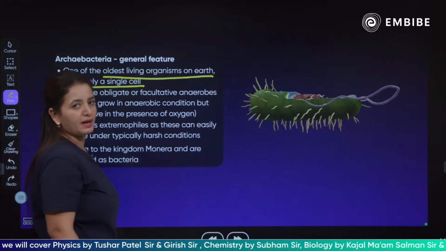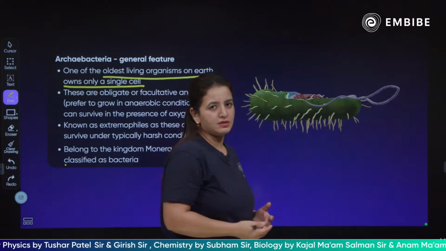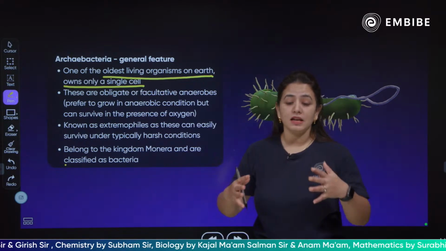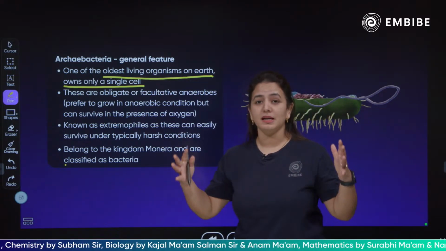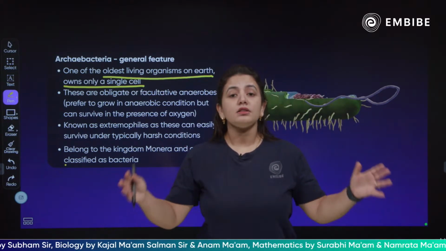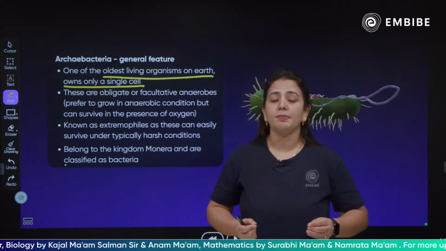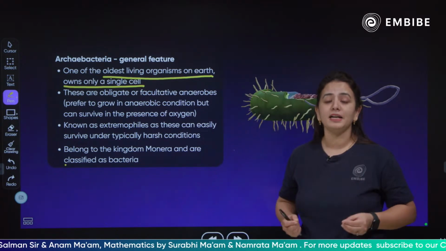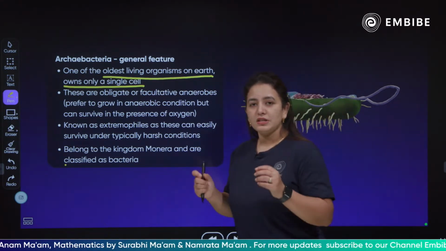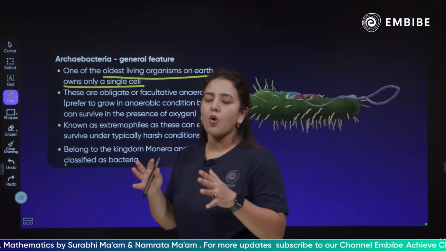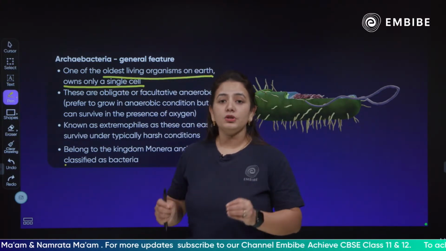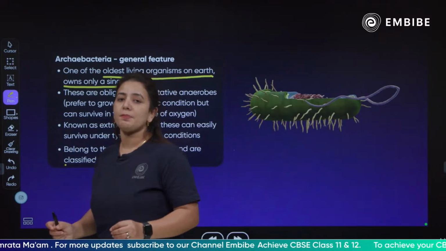Yesterday we also discussed the primitive organisms, that life has been on earth for billions and millions of years. The first life on our planet was considered to be bacteria. So yes, the Archaebacteria is the oldest living organism on earth, with only a single cell performing all the life activities.